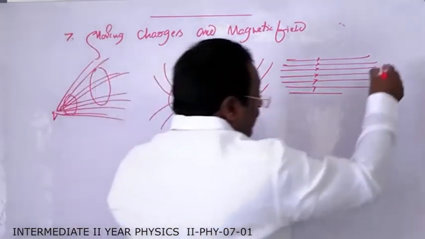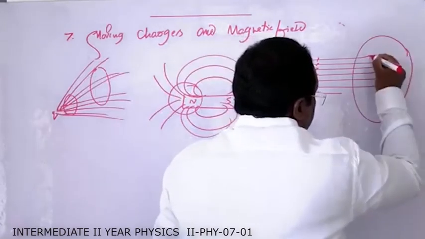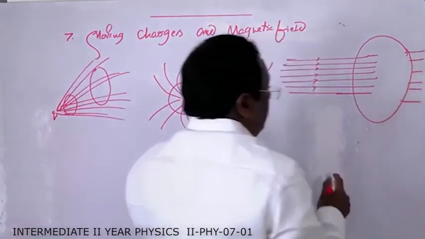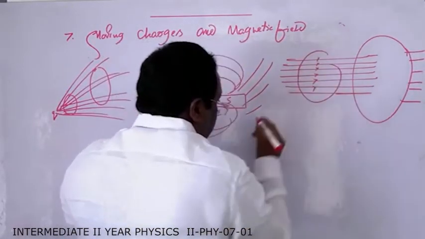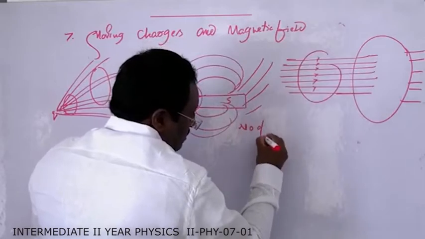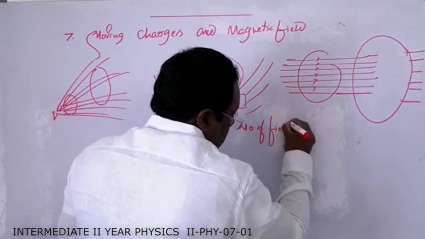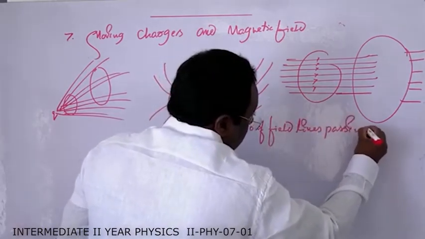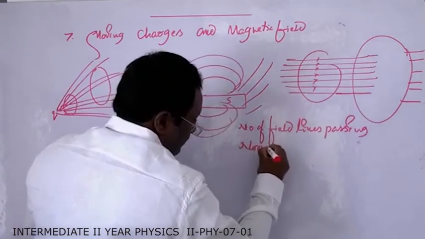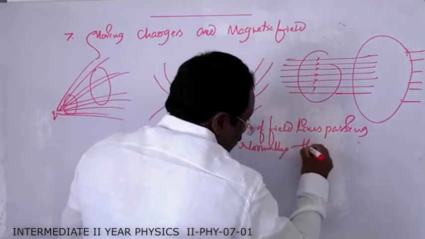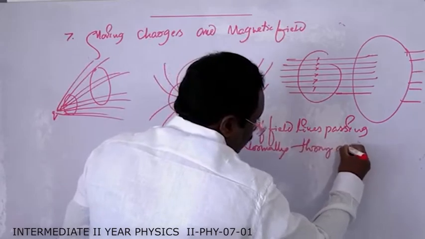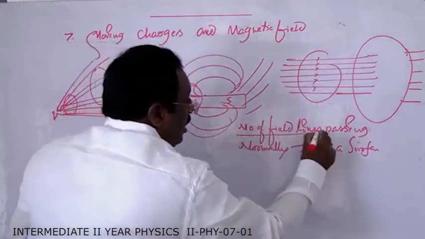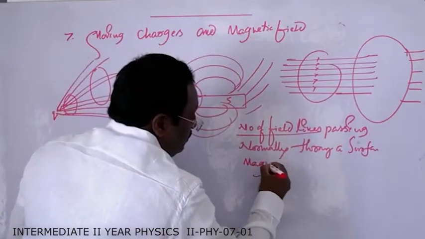Here, the number of field lines passing normally through a surface is called magnetic flux.